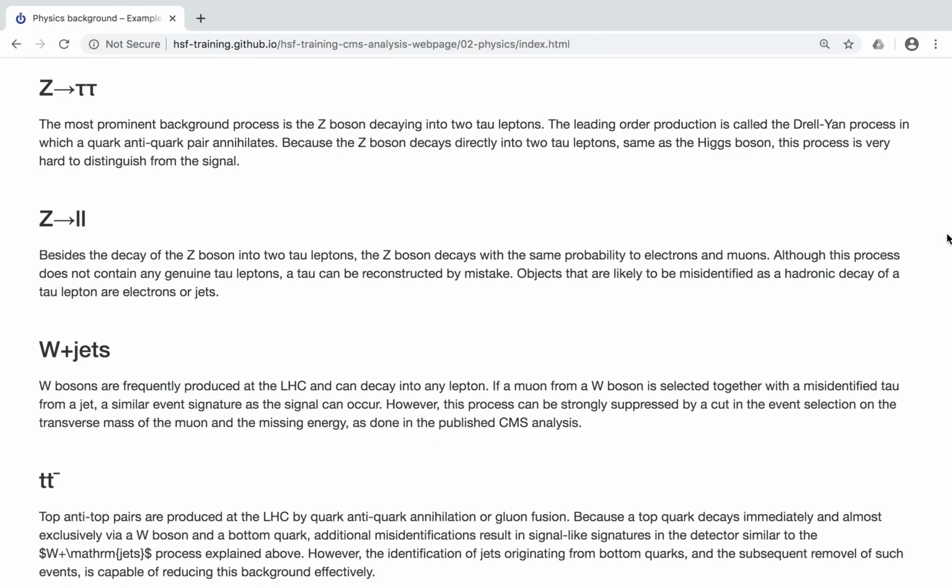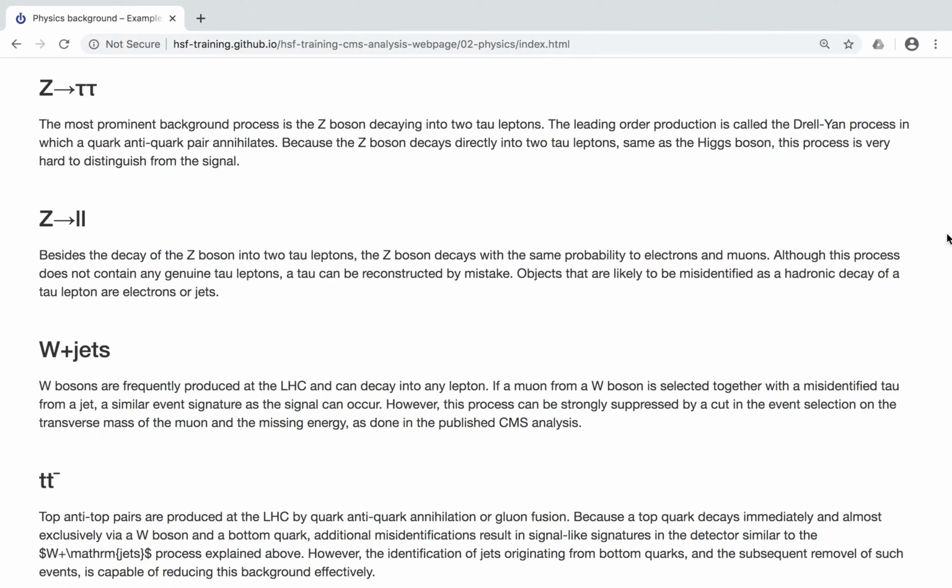Other than decaying to two tau leptons, the Z boson can also decay to electrons and muons. So this process doesn't contain genuine tau leptons, but you could mistakenly reconstruct a tau. There are objects that are likely to be misidentified as a hadronic decay of a tau lepton, like electrons or jets, other big fuzzy objects in our detector with a lot going on.